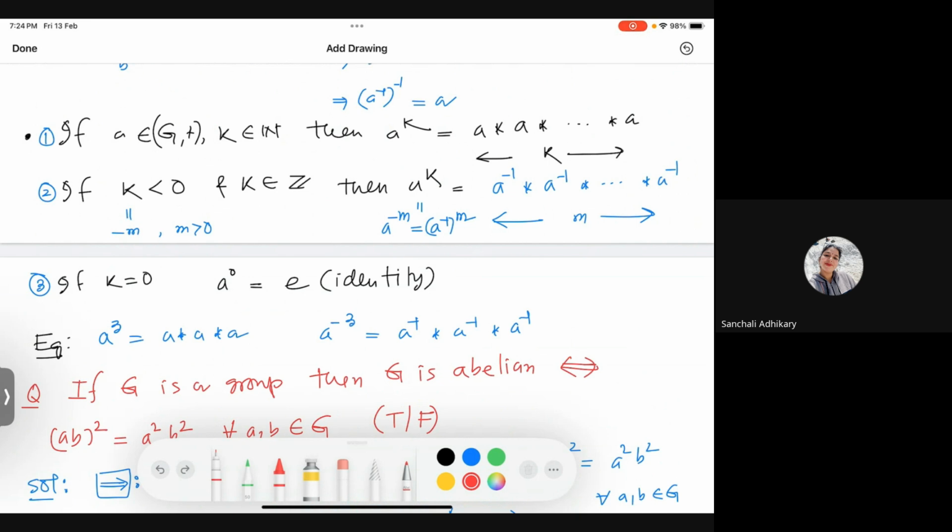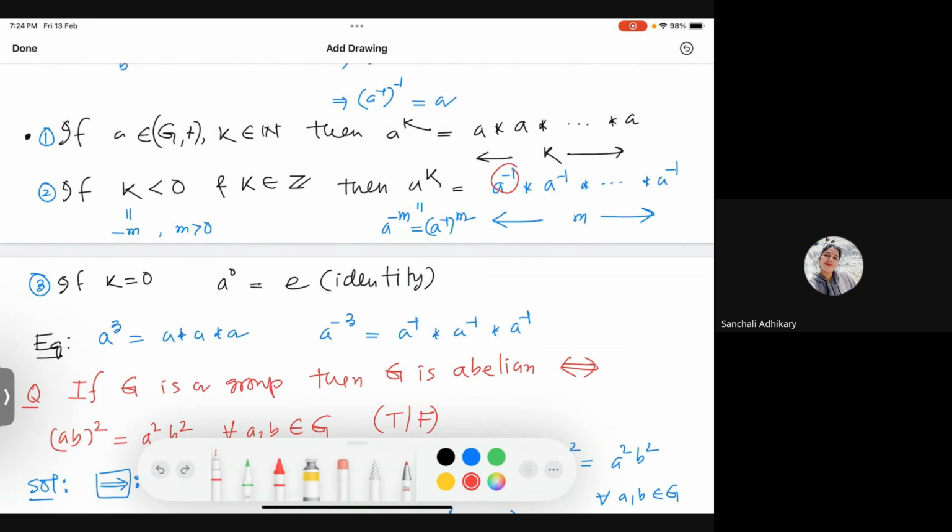What is the meaning of A to the power minus M? It means (A inverse) to the power M, that is, A inverse into A inverse into A inverse, M times.